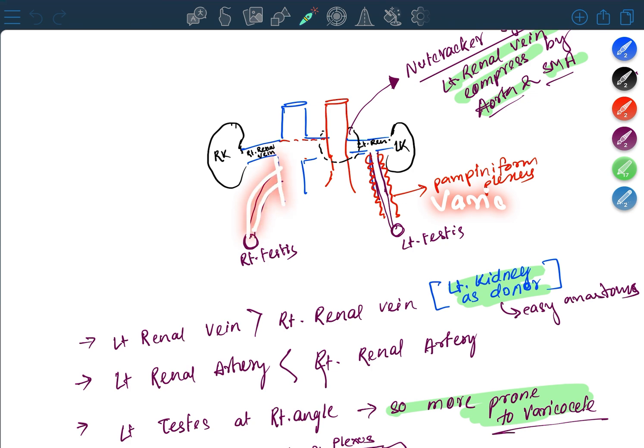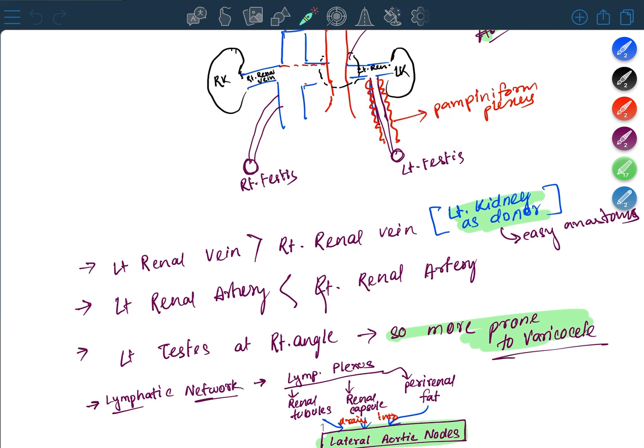It is normally connected to the IVC, but the left one is at right angles to the left renal vein, so it is more prone to varicocele. Left testis at right angle, so more prone to varicocele.